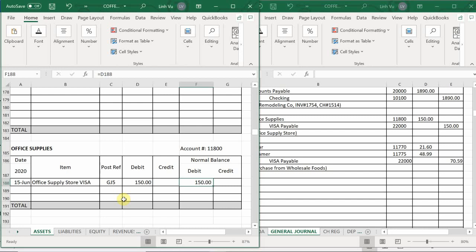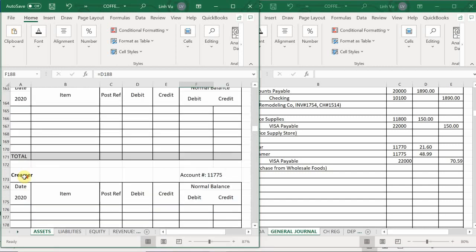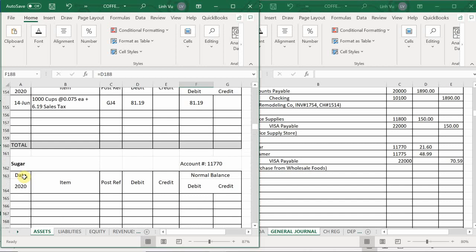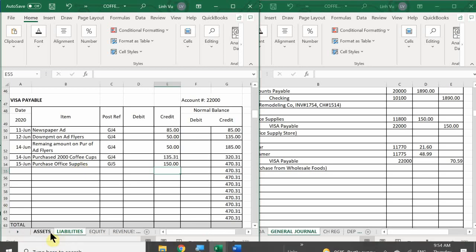So then we're going to go to where the sugar is. Where did I see? Okay, so that'll be under liabilities. We're supposed to do that in order, huh? Let me see, where's that sugar? Okay, sugar first.